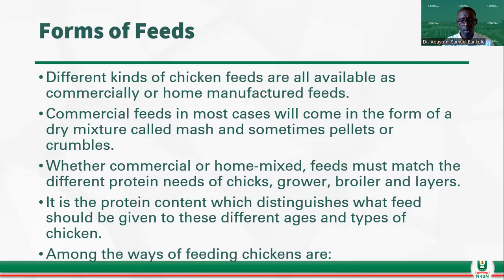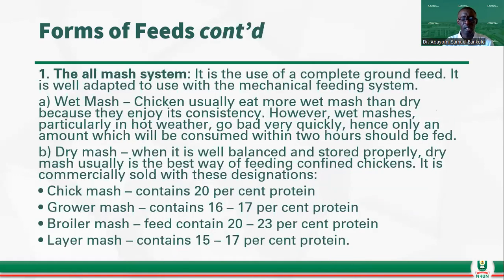Among the ways of feeding chicken include, 1, the whole mash system. It is the use of a complete ground feed. It is well adapted to use with the mechanical feeding system. Wet mash is an example of the all mash.